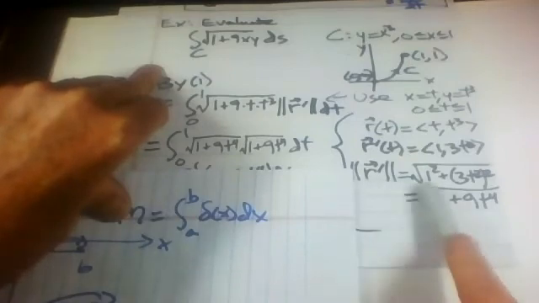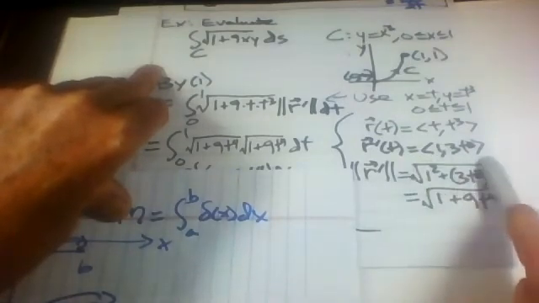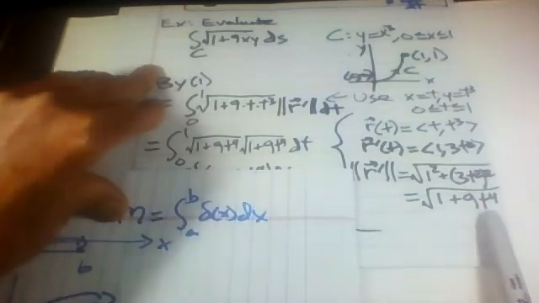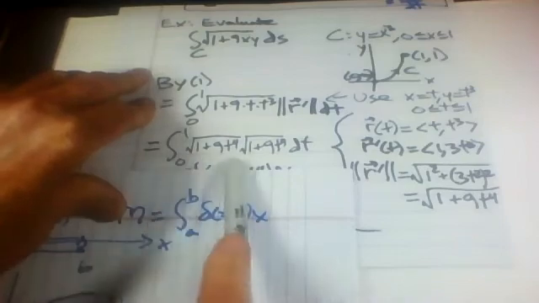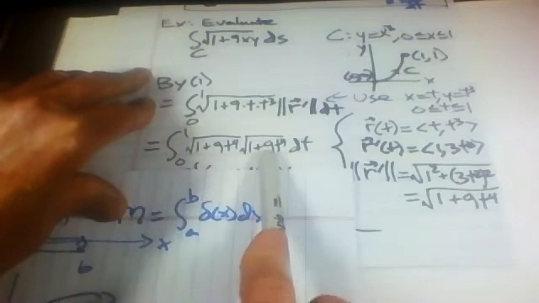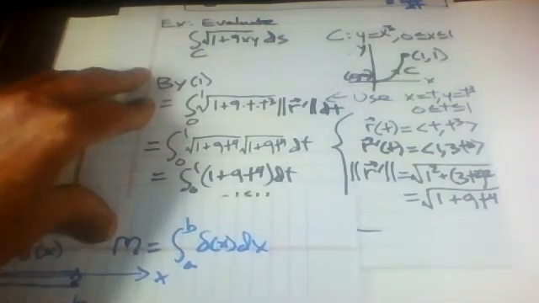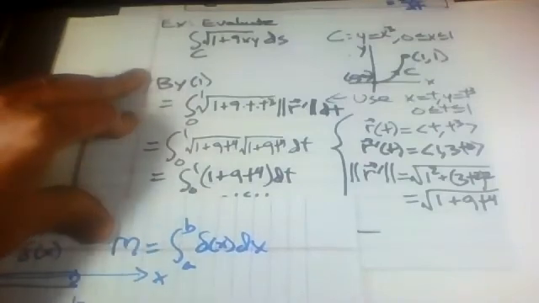Then the length of that is the root of the sum of squares: 1 squared plus 3t squared squared, square root, which is square root of 1 plus 9t to the 4th. And since I cooked the problem, the integrand is the square root, and so is length of r prime, and they reinforce each other, so all I have to do is integrate 1 plus 9t to the 4th.